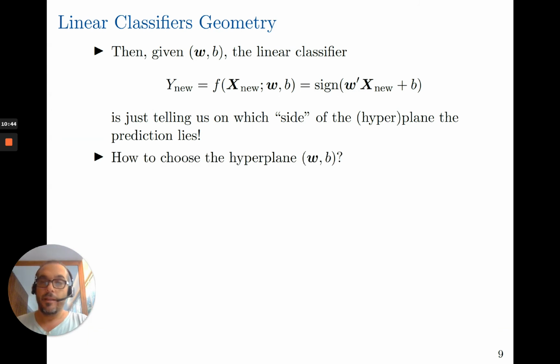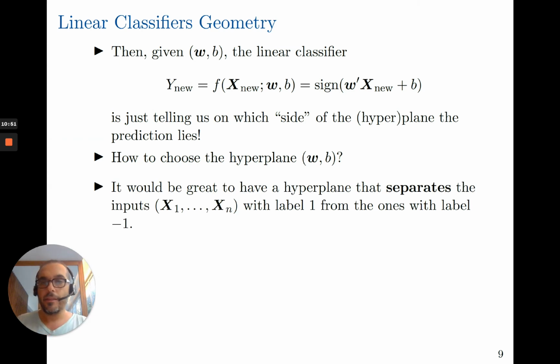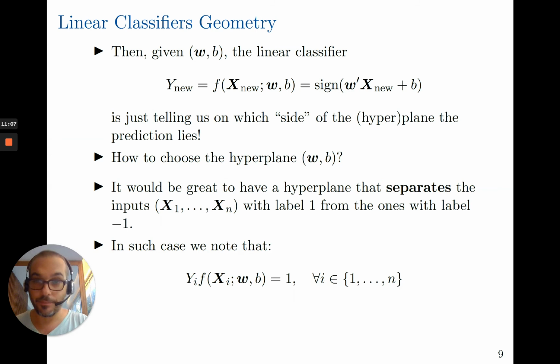But then, big question: how do we choose the hyperplane? It would be great to have a hyperplane that separates the inputs with label 1 from the inputs with label -1, making no classification errors. That's why we define the labels as -1 and 1, because we can look at this term here.